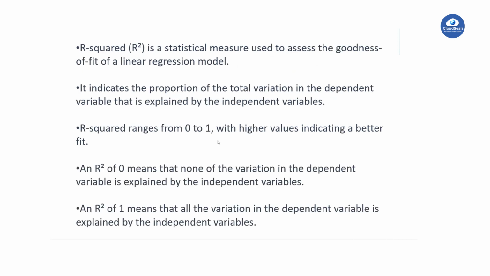Let's take R squared. It's a statistical measure used to assess the goodness of fit. It indicates the proportion of the total variation in the dependent variable. If we are able to find the variation in the dependent variable by using the independent variable, then whenever a new input point comes, we are able to predict the expected dependent value.